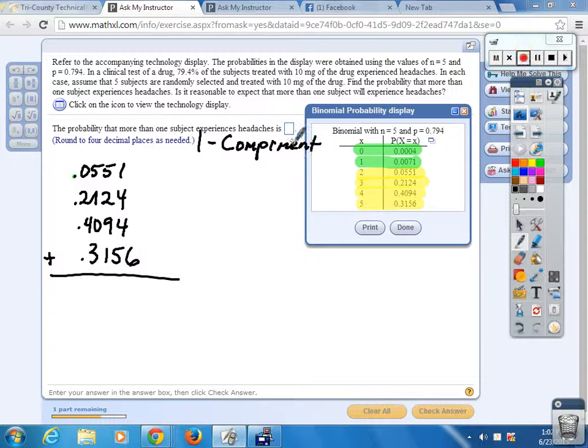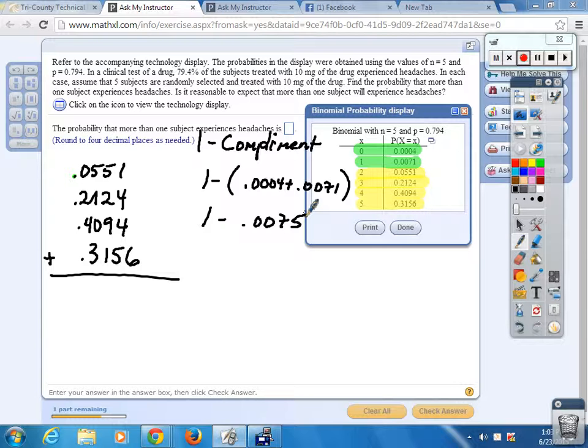In this case, that would be the easiest thing. 1 minus the complement is 0.0004 plus 0.0071. I don't think anybody in here doesn't know what 71 cents plus 4 cents is. That's 1 minus 0.0075.